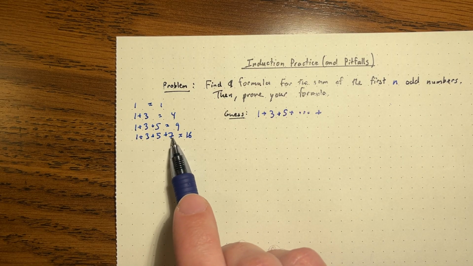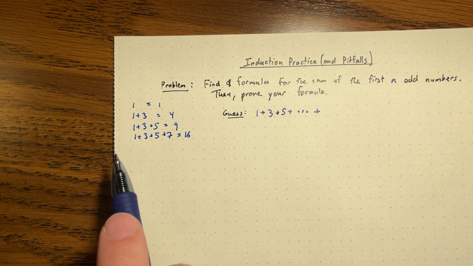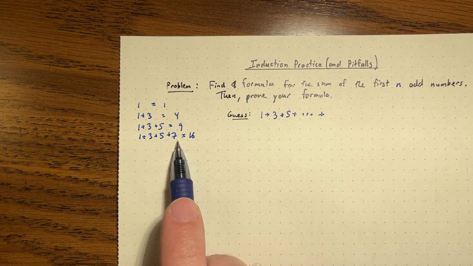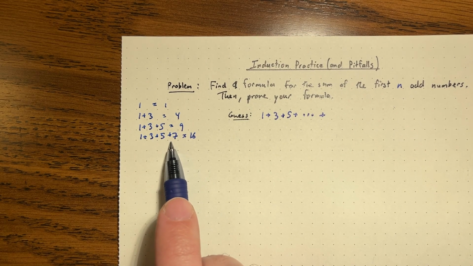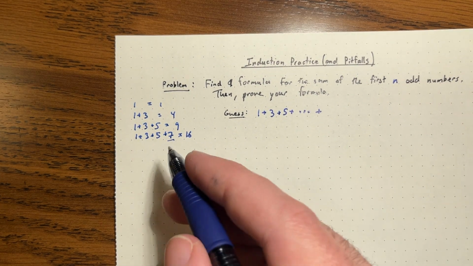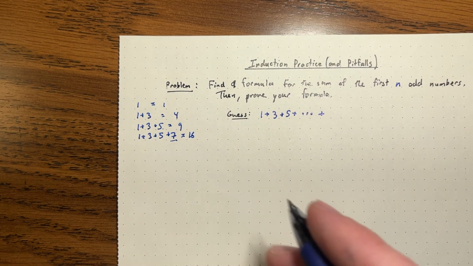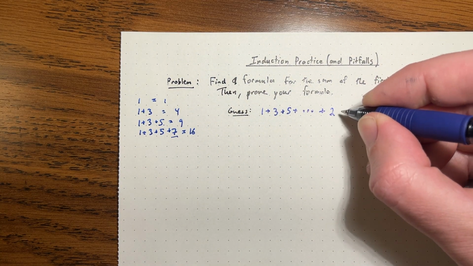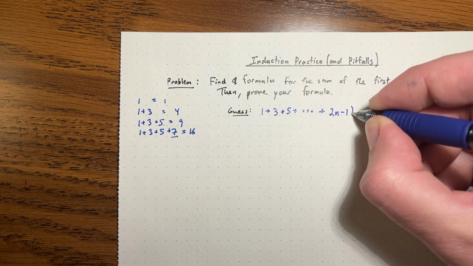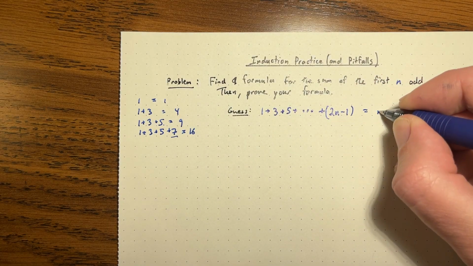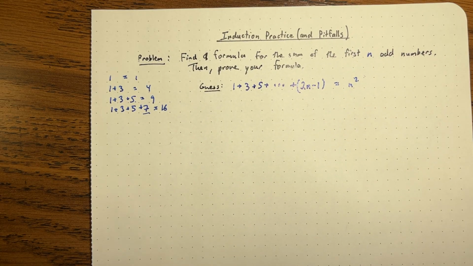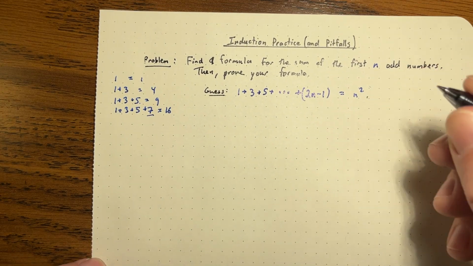It's either 2n plus 1 or 2n minus 1. For n equals 4, the nth odd number was 7. That's 2 times 4 minus 1. 2 times 3 minus 1 is 5. 2 times 2 minus 1 is 3. So I think we want 2n minus 1. That's my nth odd number. And our guess is that this sum equals n squared. Let's prove it.